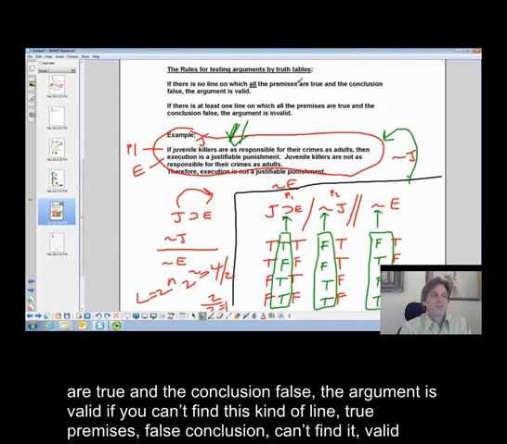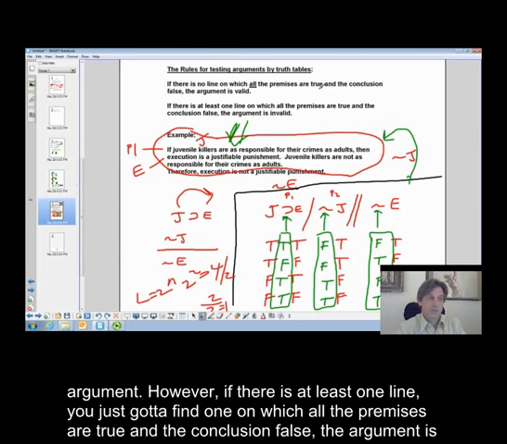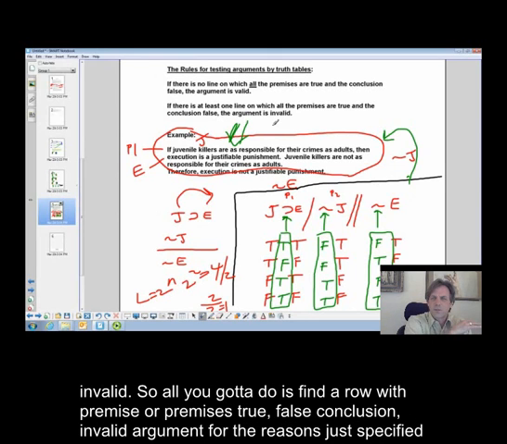If you can't find this kind of line, true premises, false conclusion, it's a valid argument. However, if there is at least one line on which all the premises are true and the conclusion false, the argument is invalid. So all you have to do is find a row with premise or premises true and a false conclusion, and the argument is invalid, for the reasons just specified above.